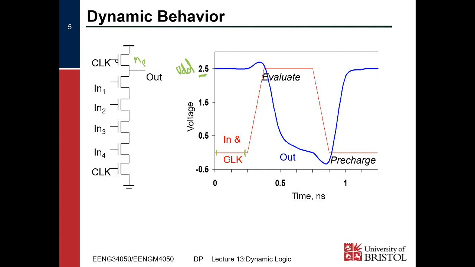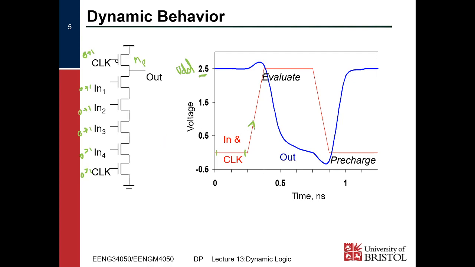Then we say that both our clock and our input signals all go high. So this goes 0 to 1, this goes 0 to 1, and so on, and obviously the clock goes 0 to 1, right?